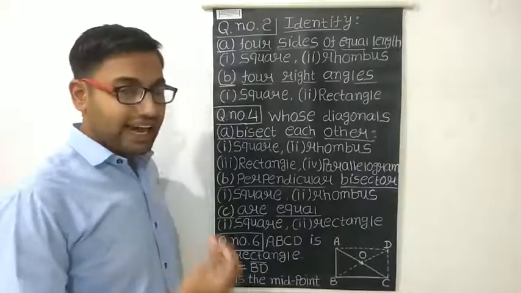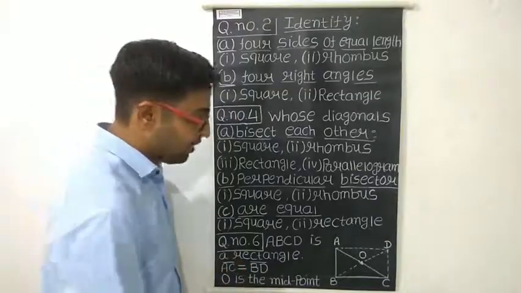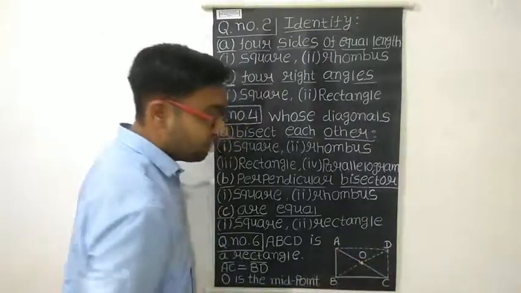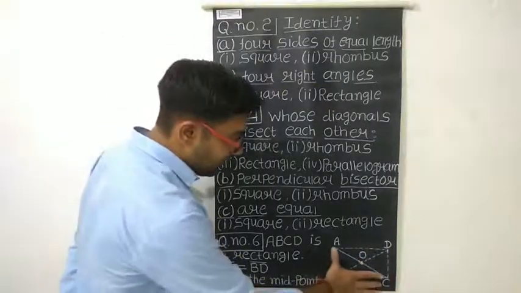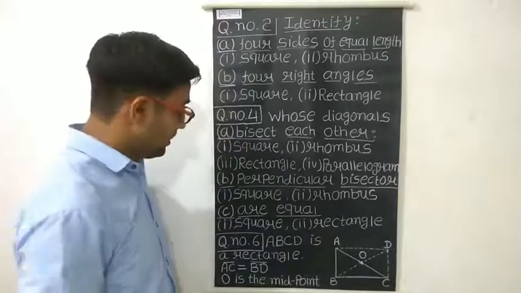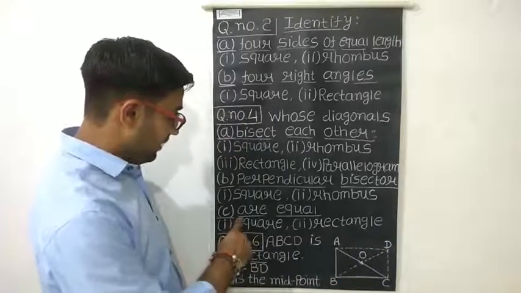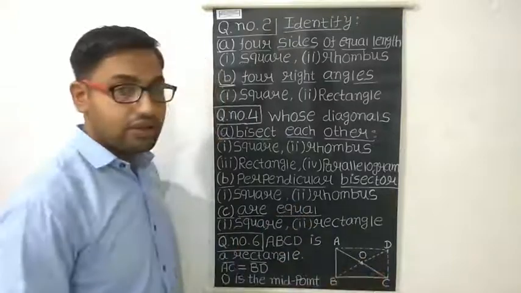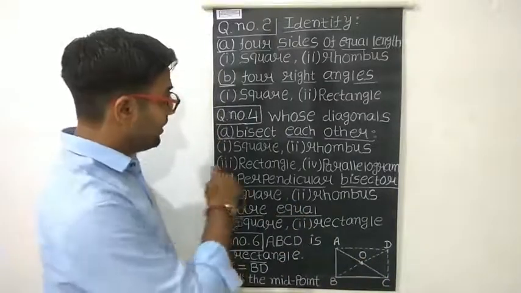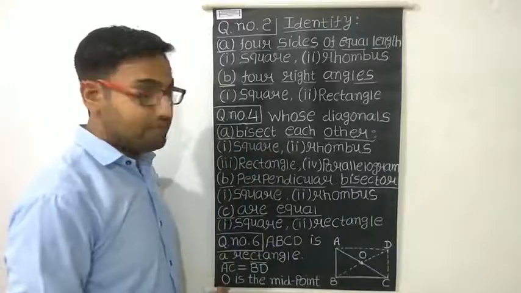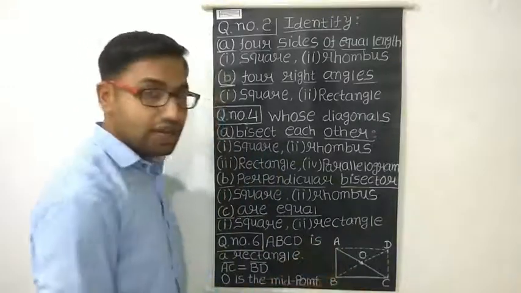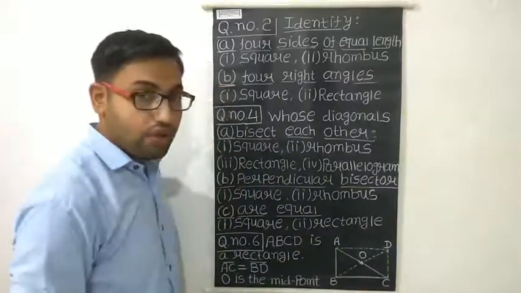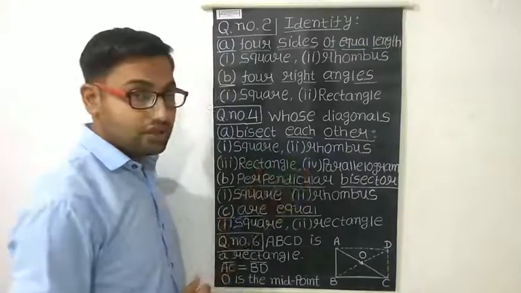Now what will happen? According to the diagonal property of rectangle, both the diagonals are equal. So we can say that AC and BD are equal. See here, we have identified that diagonals are equal. Which shape? Rectangle has both the diagonals equal. Also it is stated that bisect each other means both the diagonals are intersecting in point O and they are also bisecting each other.